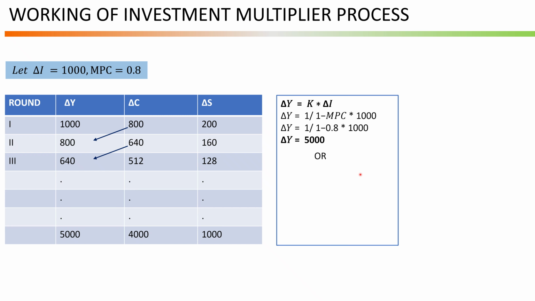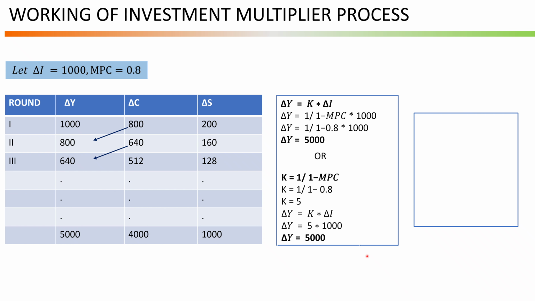Another way of calculating the total income generated is by first calculating the value of multiplier. So multiplier is 5. And then substituting the value of k in this equation, we get the value of delta Y.